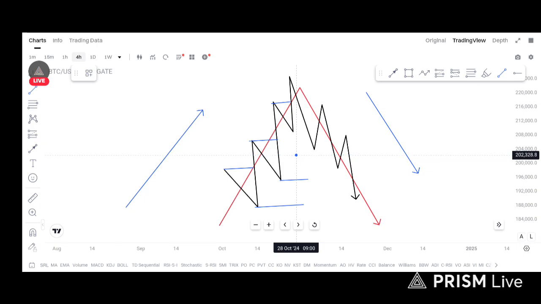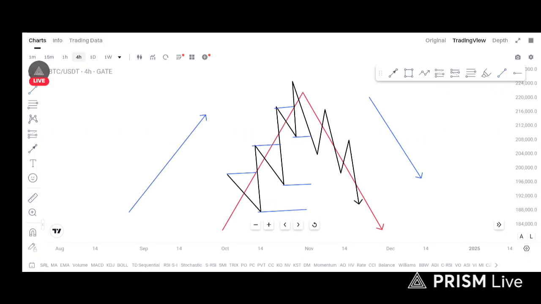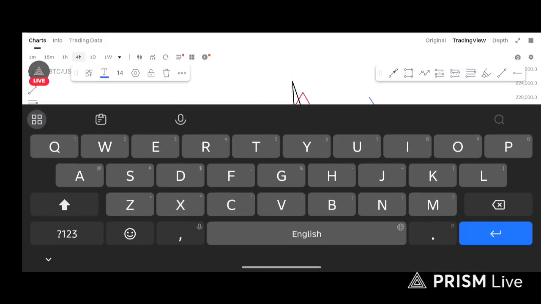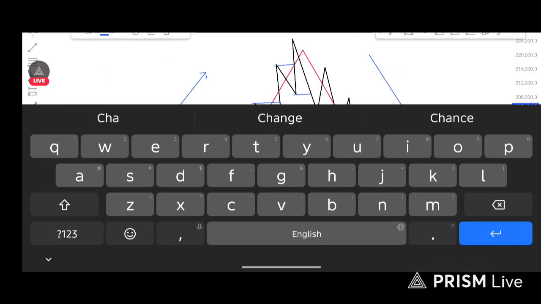Change of character. Okay, remember these are break of structures, and now market breaks this low that is supposed to be protected. That means it has violated its rule. So this violation of rule indicates a change of trend, and that's what we call change of character.